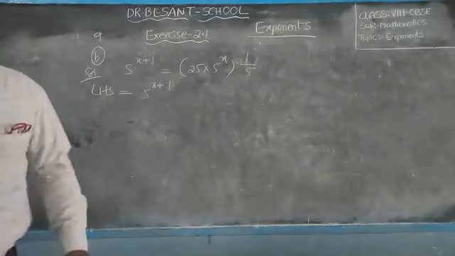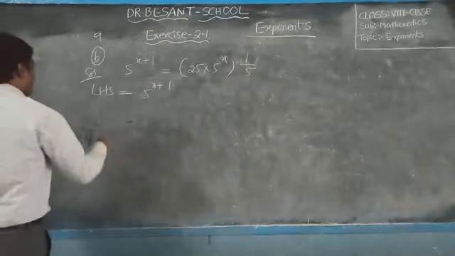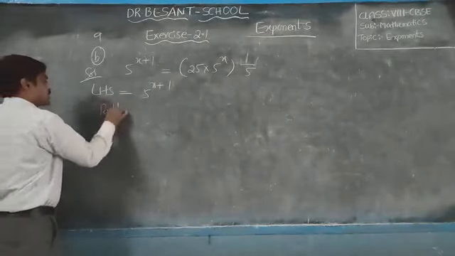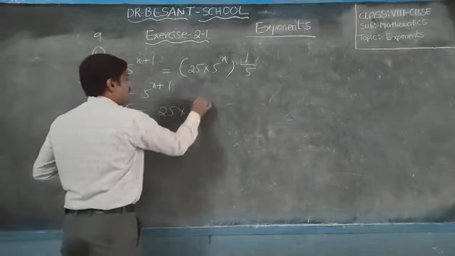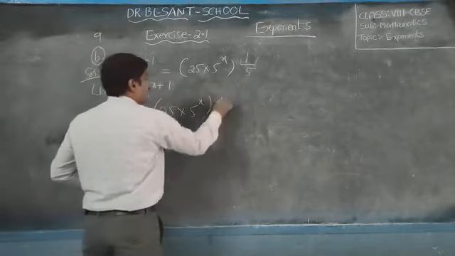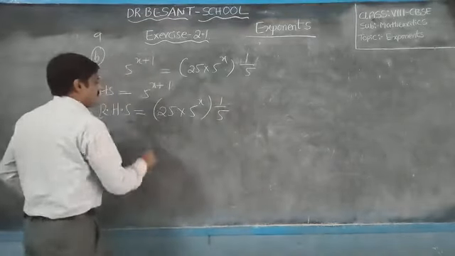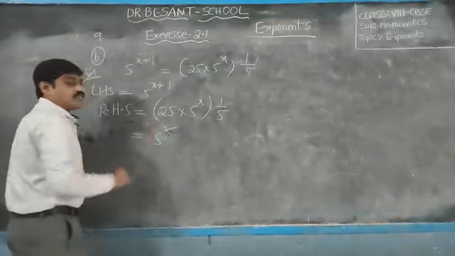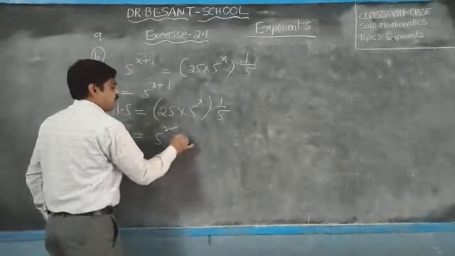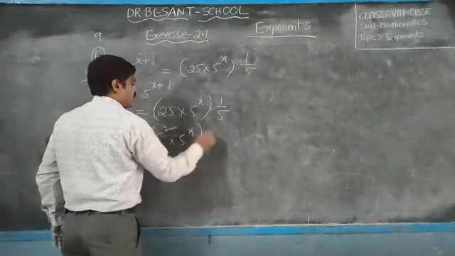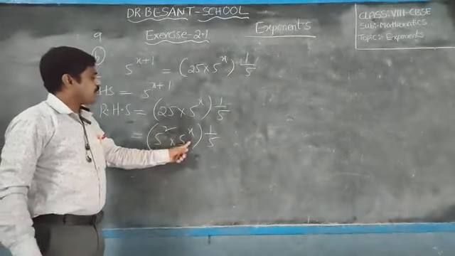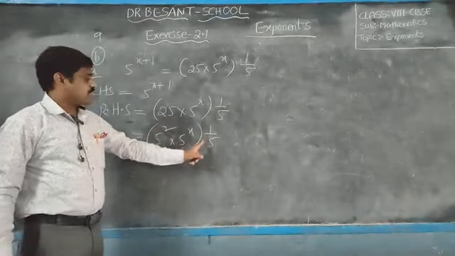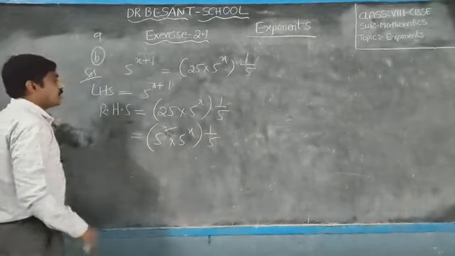Next, RHS is equal to 25 into 5 power x into 1 by 5. So that is equal to 5 square into 5 power x into 1 by 5.